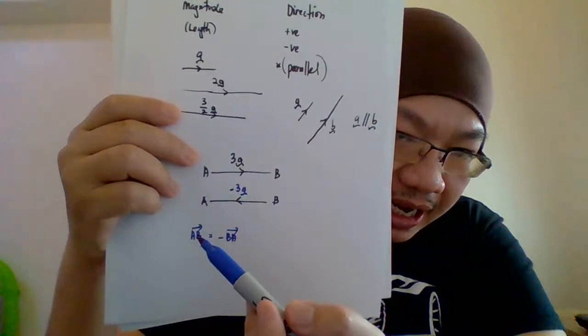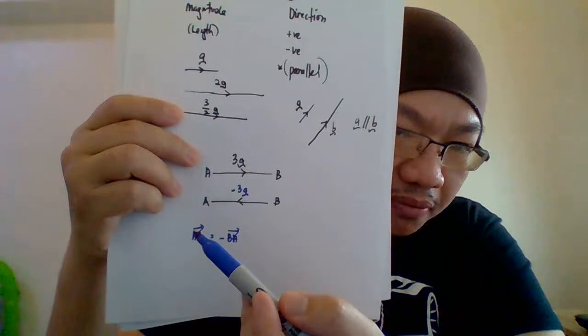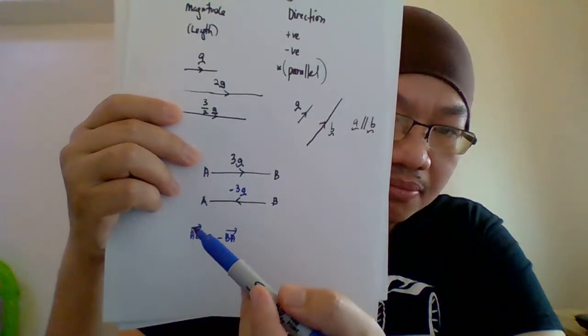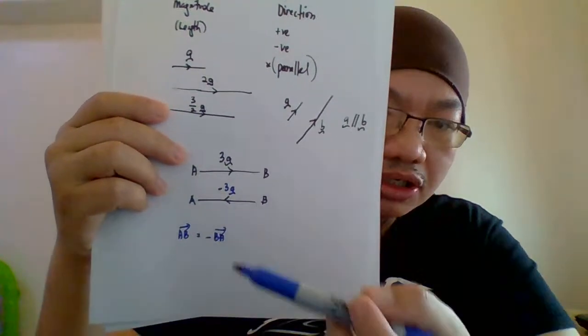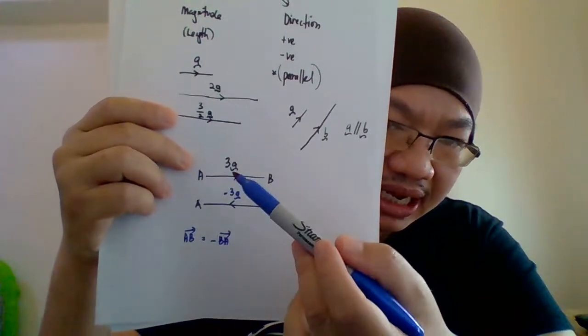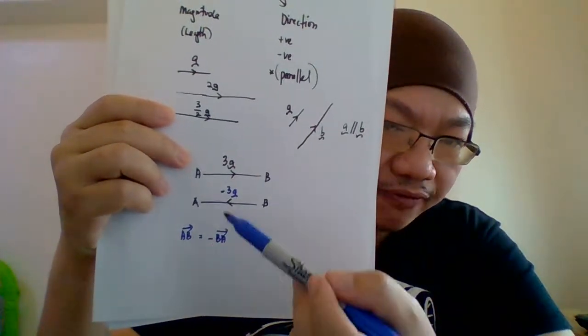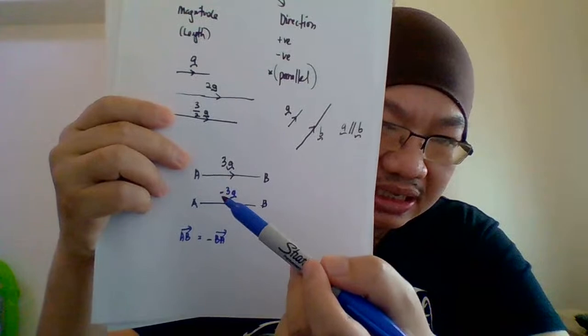That means AB is point A moving to B, and the arrow on the top here is moving from A to B. So the vector of AB is 3A, right? 3A equals negative BA. BA is negative 3A.